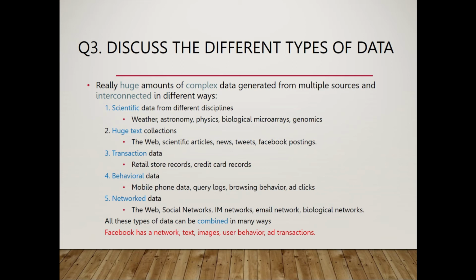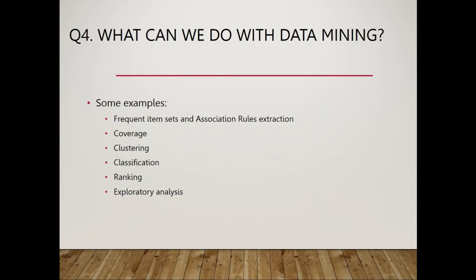Fourth one is the behavioral data, which is used by mobile phone data, query logs, various ad clicks, various browsing behaviors. And fifth, last but not the least, is the network data, which is used by social networks, emails, biological networks, and so on. Facebook is an example, which has network, text, image, user behavior, and transactional data.